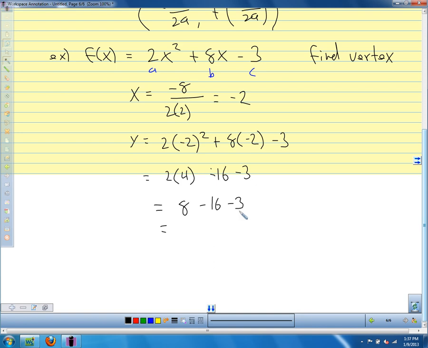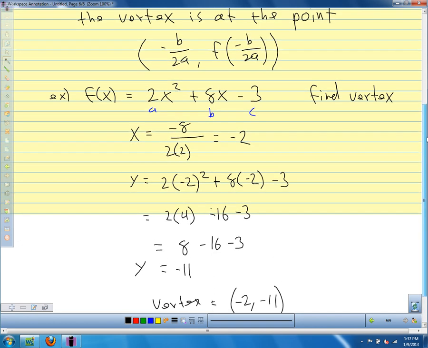Minus 3 is negative 11. So y equals negative 11, so the vertex is the point negative 2, negative 11. So just a little shortcut for finding the vertex of a quadratic function.